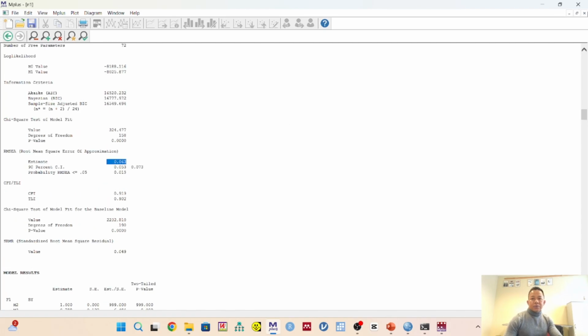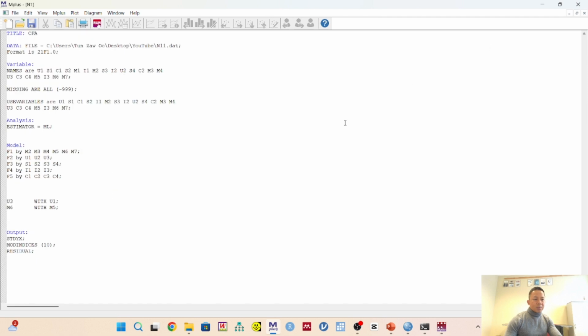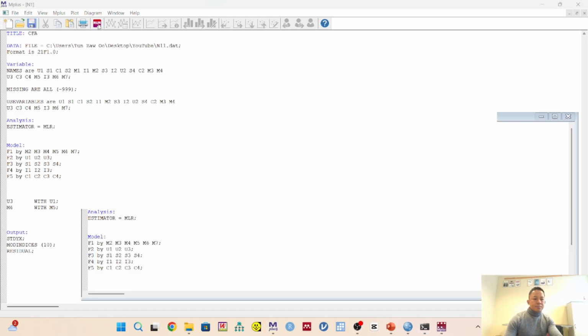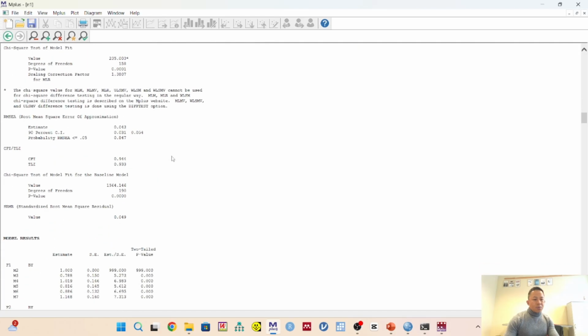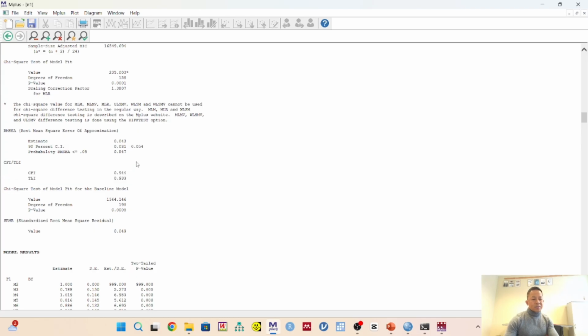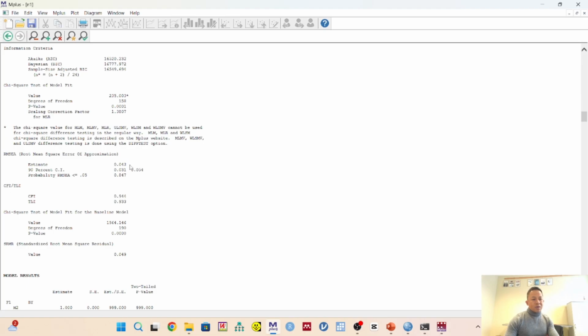We will check a different estimator. We used ML this time, next time MLR. I will save it and run it again. Model fit information. Oh, great, the CFI value somehow increased: 0.944, TLI 0.933. This model is the best fit. And also RMSEA is quite good.